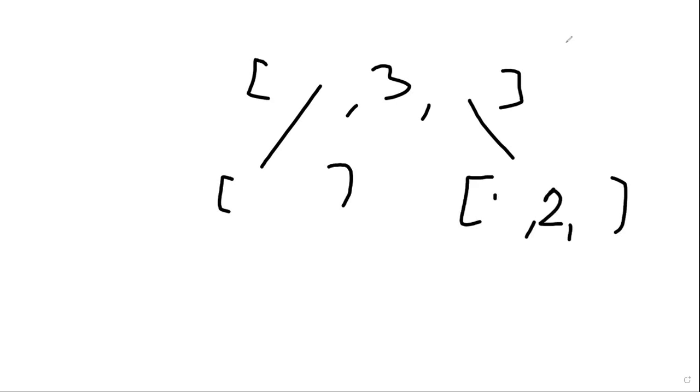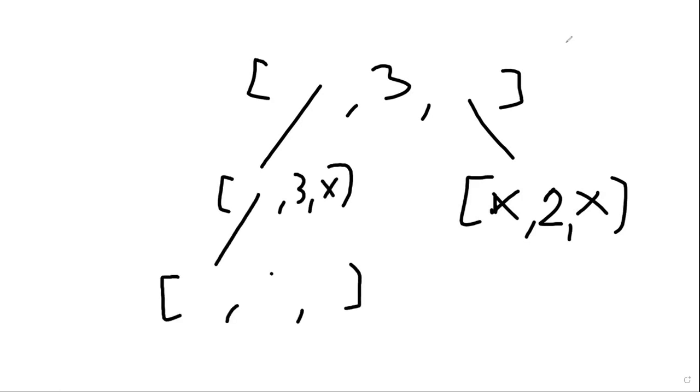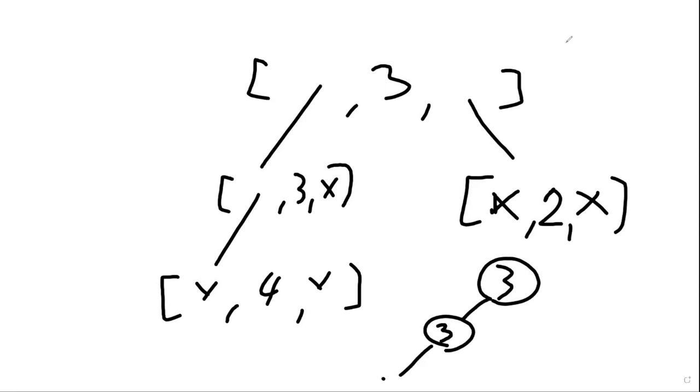This one may be null, and here you may have a child. This represents such a tree. So a list in Python is not really just an array. It can be used as another thing. Is that okay?